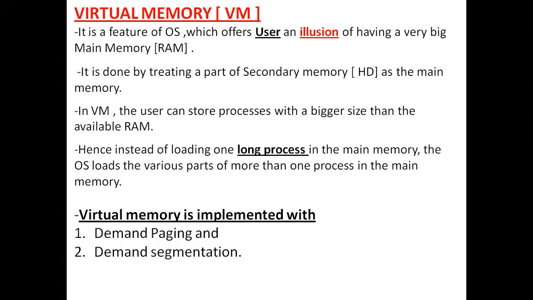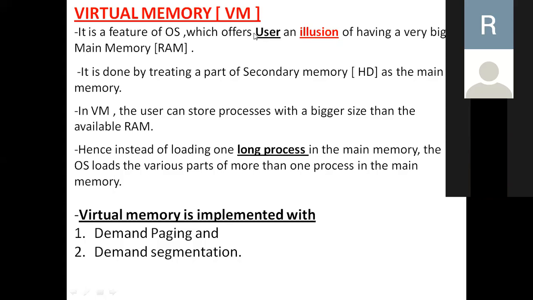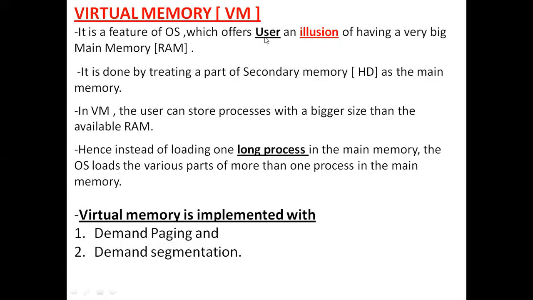Whatever the size of the program or process the user has written, the process can be stored in a large amount of RAM. The user is under the illusion. So virtual memory is an illusion of the physical memory, the main memory or RAM.